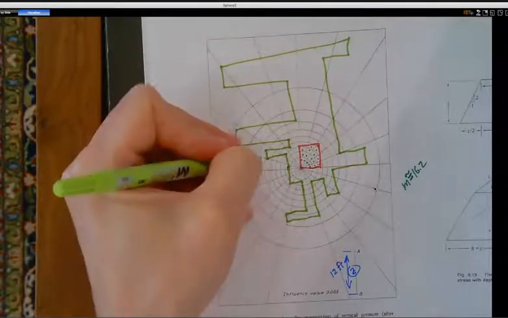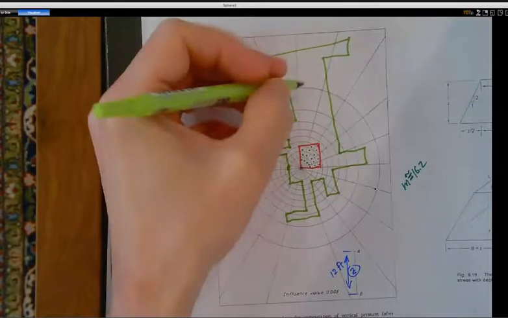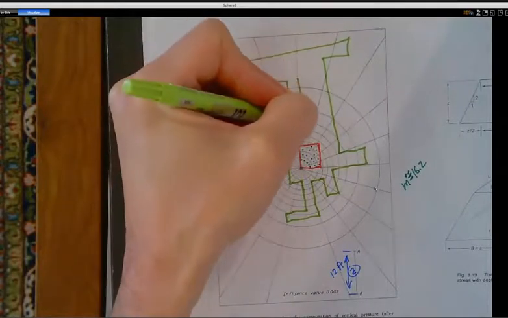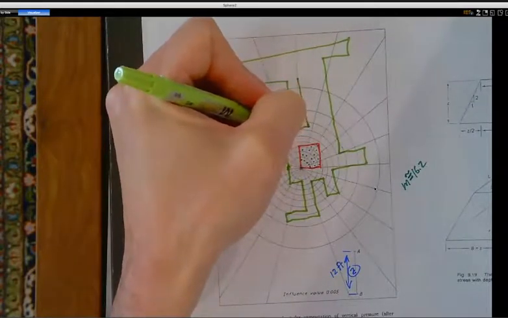Something like this, and that's not even the building yet, that's just the courtyard, but I think you're getting some of the point here.